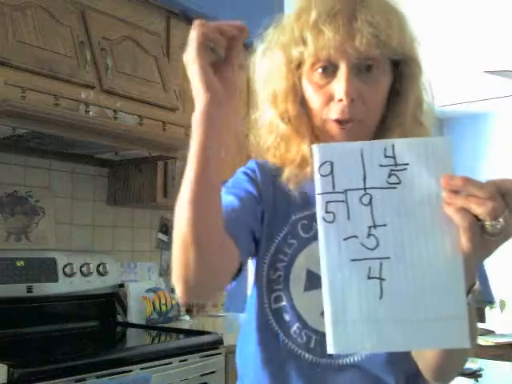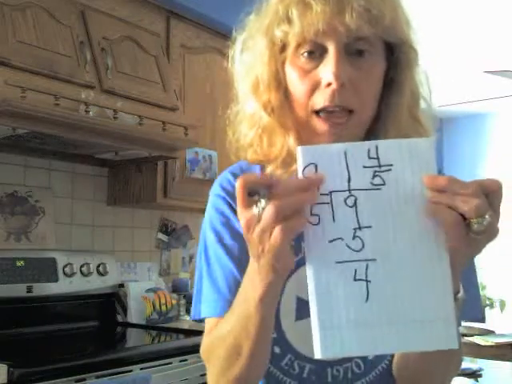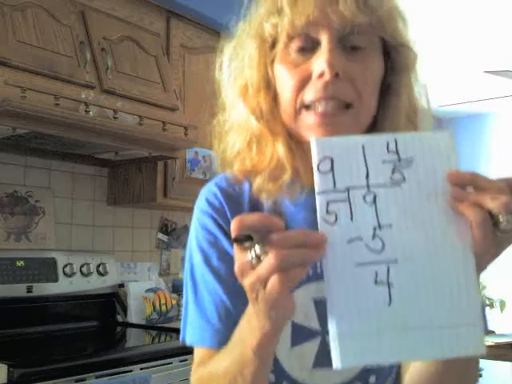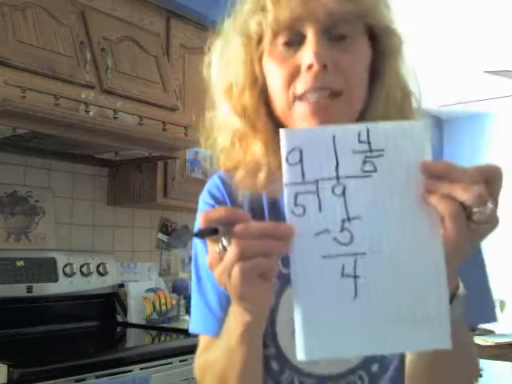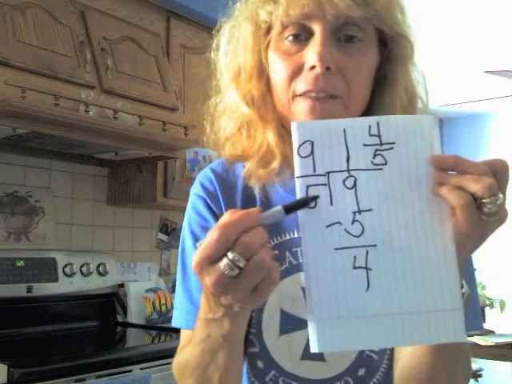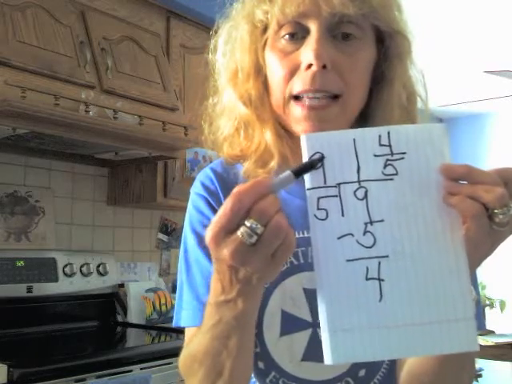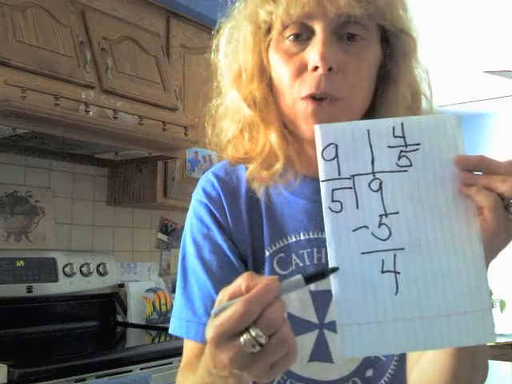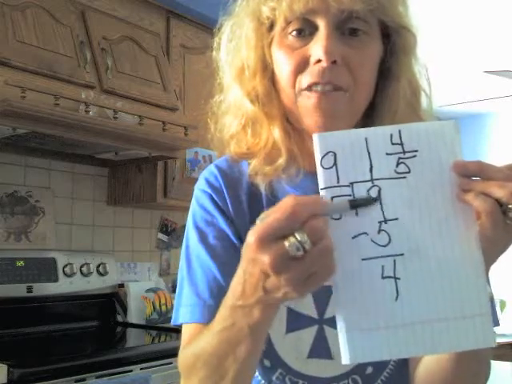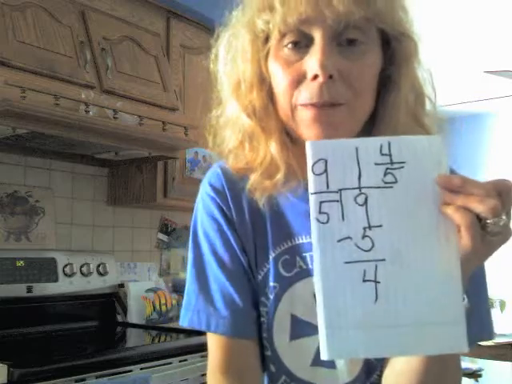The part is always smaller than the whole. This is improper. I have to drop down and divide. And I end up saying 5 goes into 9 one time, 4 left over, bring the 4 up on top, and the 5 is still the denominator.